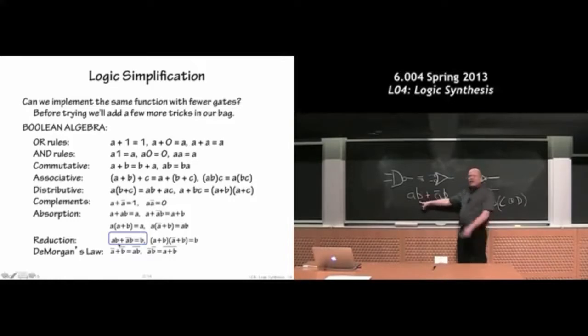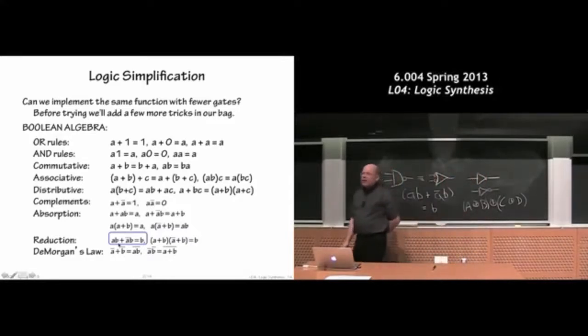So if B is true, B could be a complicated expression, but if the B part of the equation is true, then if I see this in my logic expression, I can reduce this to just saying B, right? Because it's true whether A is 0 or 1, so long as B was true. So this is a way of doing this sort of simplification.